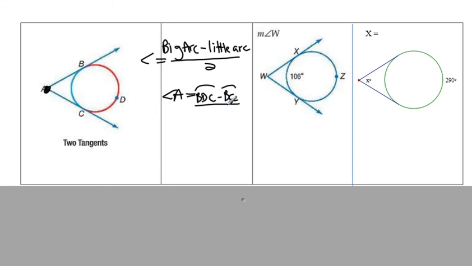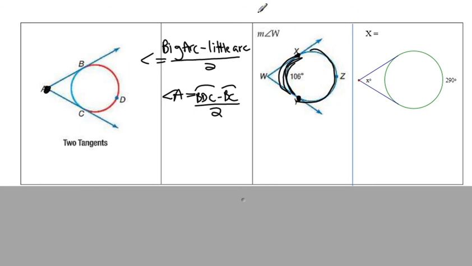divided by 2. Now, the only thing that's kind of tricky about this is that since these are two tangents, they don't have to give us all of the information that you think we would need. They only have to give you one piece of information. Because if this section of the circle is 106, then we can figure out what the remaining XZY is, because a total circle is 360 degrees.